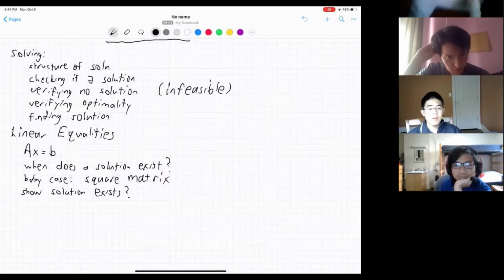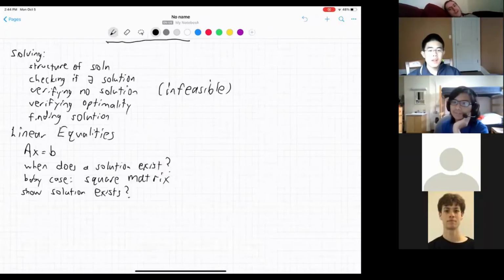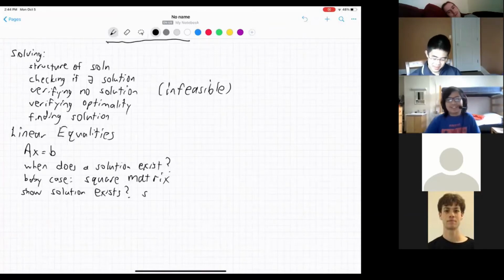Okay. Also, to tell me to invert the matrix is giving me too much work. So is there an easier way to convince me that there's a solution? Row reduction. But then I have to check that you're doing the row reduction properly. I can just give you a solution. Right. Show me x. Right.